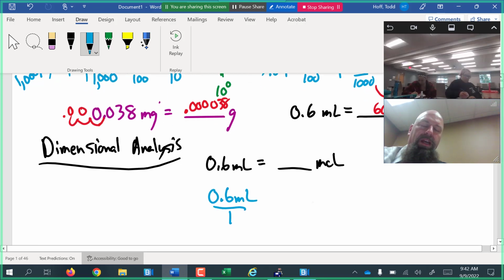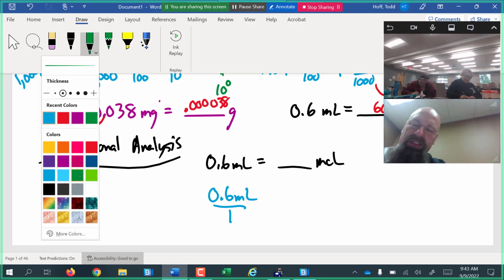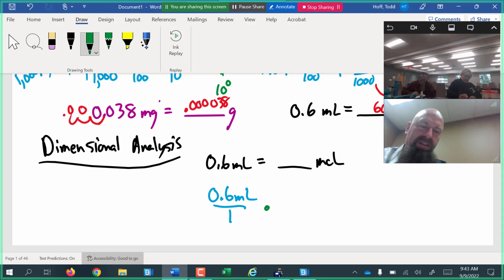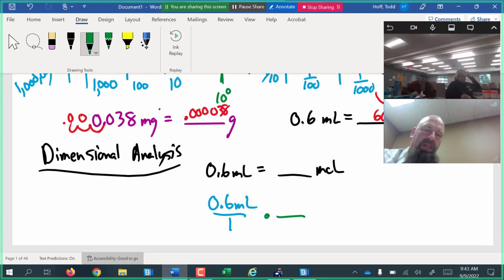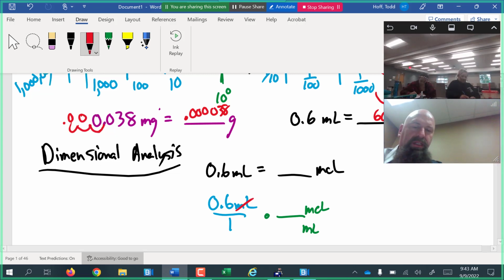Now you might be thinking nothing gets better when you turn it into fractions, but measurement conversions is the one time where fractions are very useful. We're getting rid of milliliters, so I have to put milliliters on the bottom here, and we are converting to microliters. If you think of our rules of fractions where you cross cancel, the milliliters are now going to cancel out, and we're going to leave our units of microliters there.